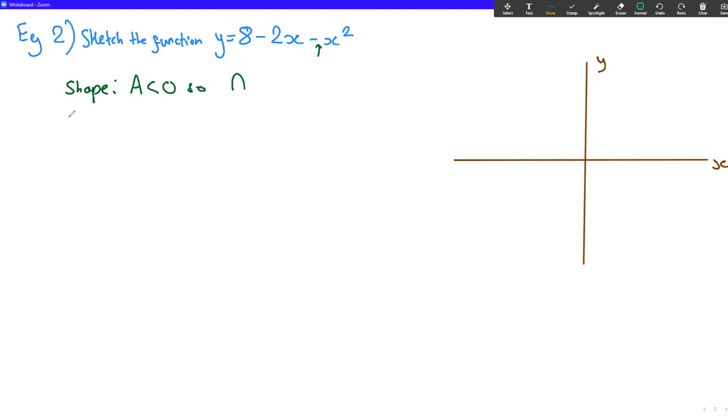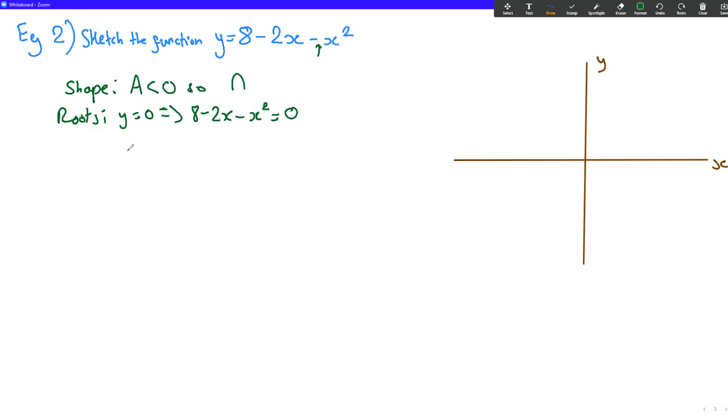Okay, so now for the roots, let's set y equal to 0. And then that'll give us 8 minus 2x minus x squared equals 0. And if you remember from the last video, we can swap the signs.